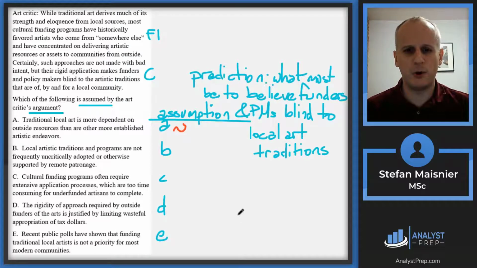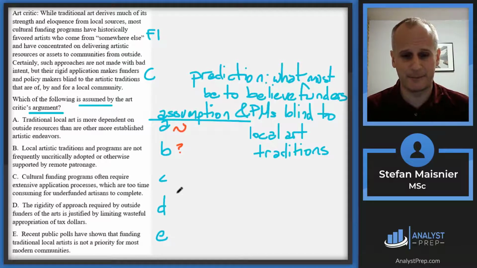Now, B, local artistic traditions and programs are not frequently uncritically adopted or otherwise supported by remote patronage. Wow, double negative. Frequently, this is the kind of question or answer choice that just baffles as you read it. So, allow yourself to use the question mark and just go, I don't really understand what's happening here. It's not a reason to eliminate, but I'm not a huge fan of this right now.